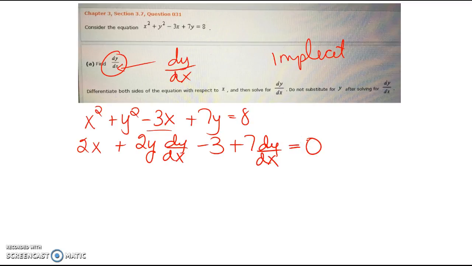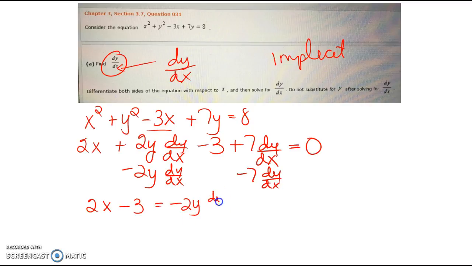So, as we've done in the past, we'll move both terms over that have a dy/dx. Okay, so on this side I still have 2x minus 3 equals negative 2y dy/dx minus 7 dy/dx. And again, our process is now factor out this dy/dx. So I'm going to pull out dy/dx.